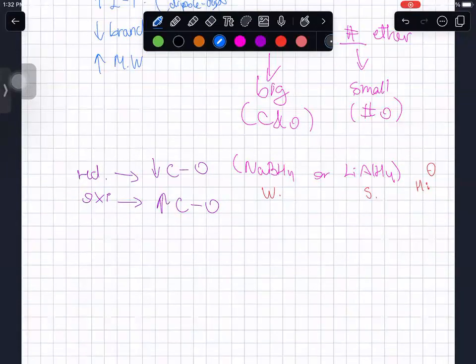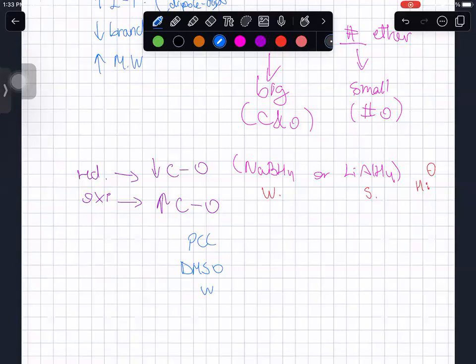Okay, oxidation was very similar, but we had a lot more reagents, right? We had weak and strong. The weak ones, we only had two. What were the weak oxidizing agents? PCC. And the one that has DMSO, the really long one. DIBAL, diisobutylaluminum hydride.